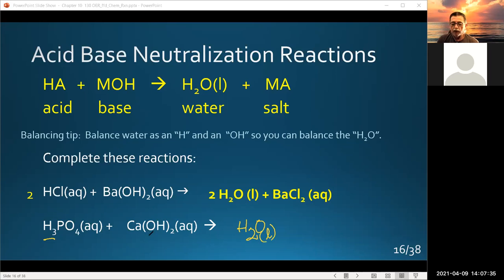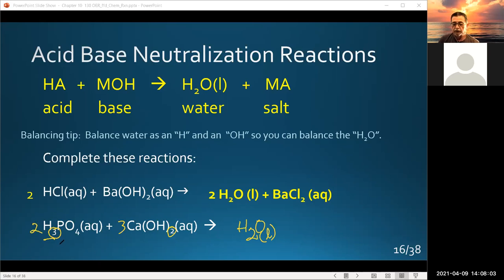Now, what do I know? I got two hydroxides here, but I got three protons coming up. Okay, so like we did earlier with charges that are dissimilar, a plus 3 and a 2, find a common number. And so what if I put 3 in front of calcium hydroxide and 2 in front of phosphoric acid?